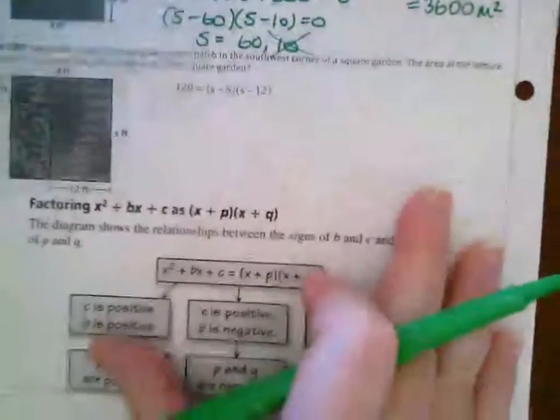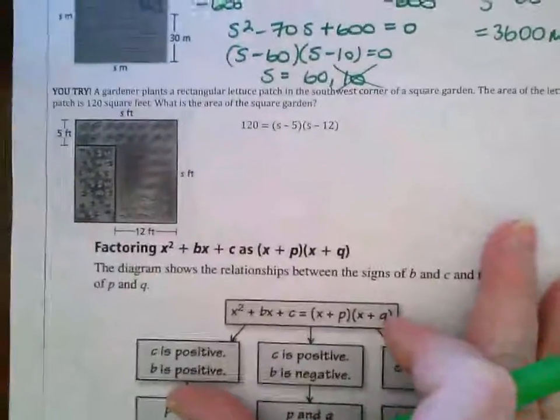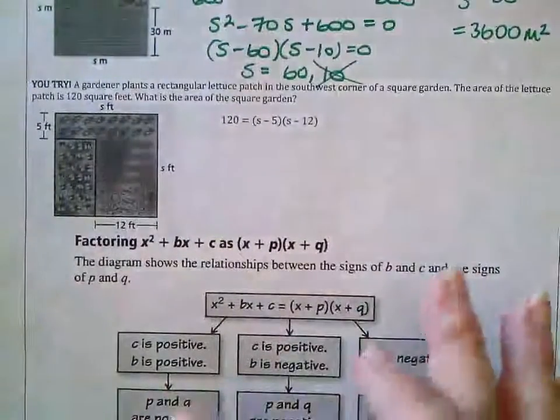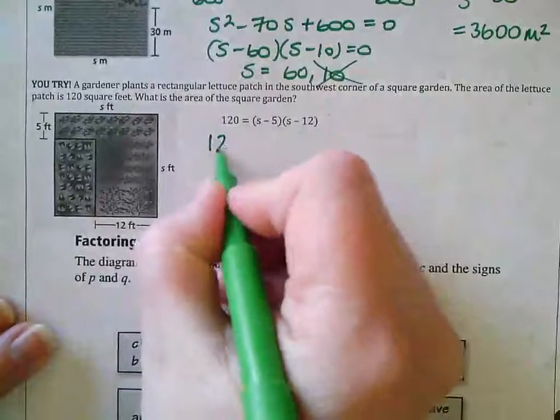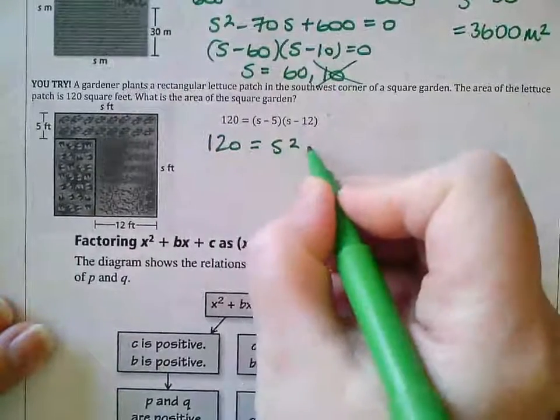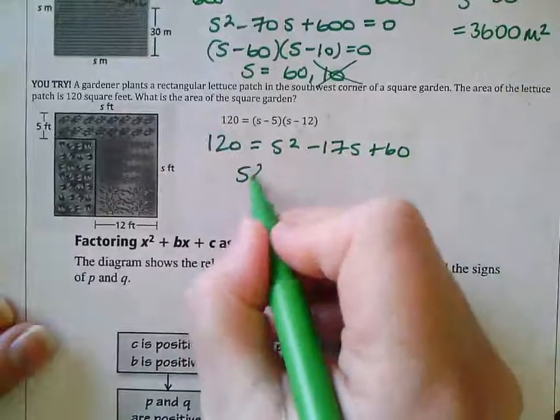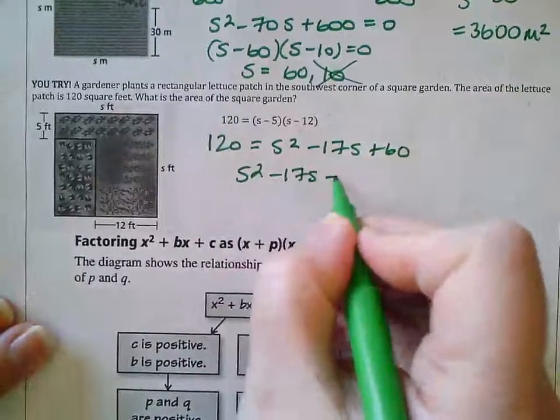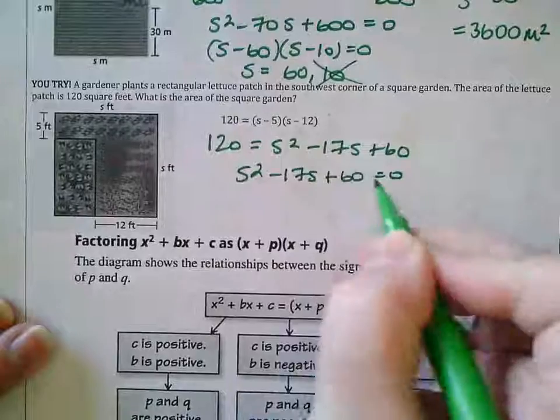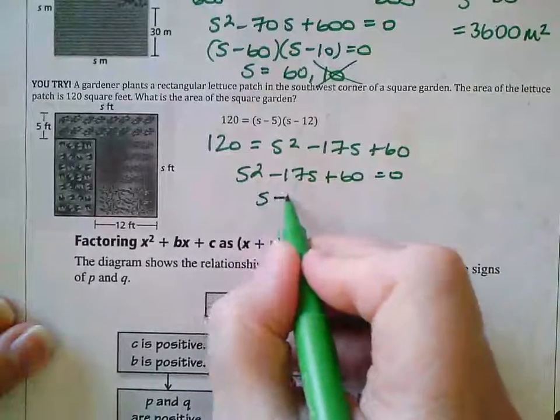I'll try that again real quickly. I'm going to go through this one a little faster. So multiply that out. Set it equal to 0 so that I can solve. Factor.